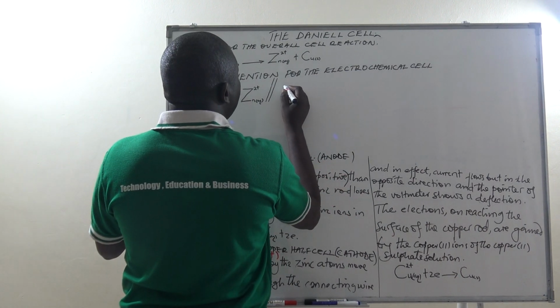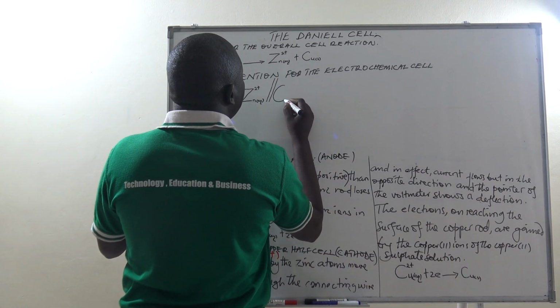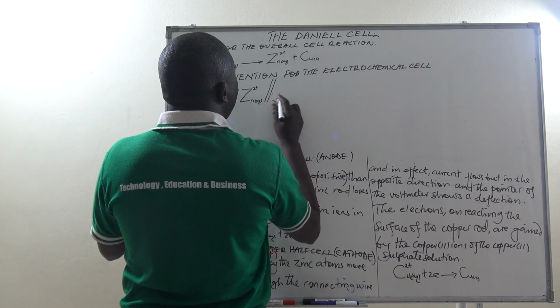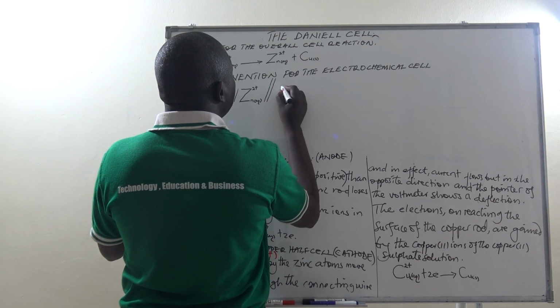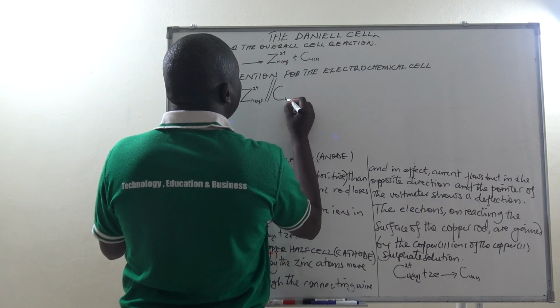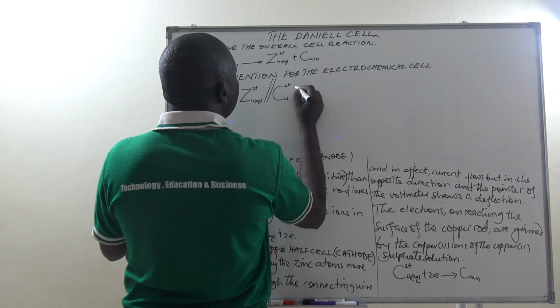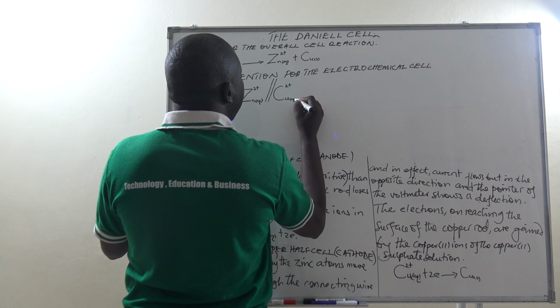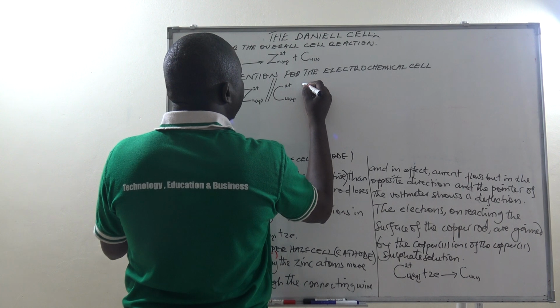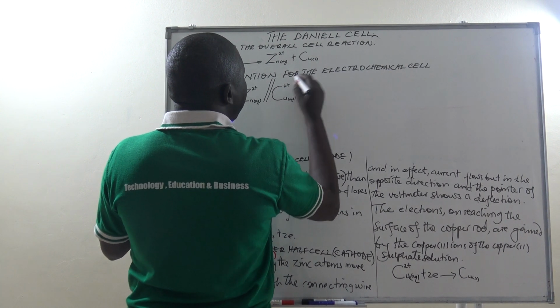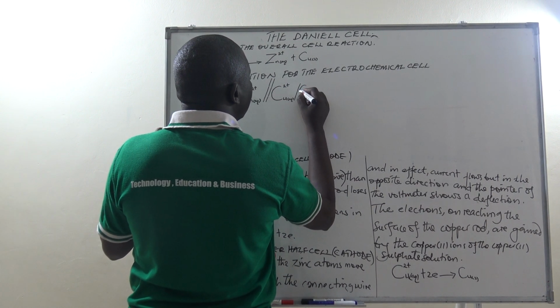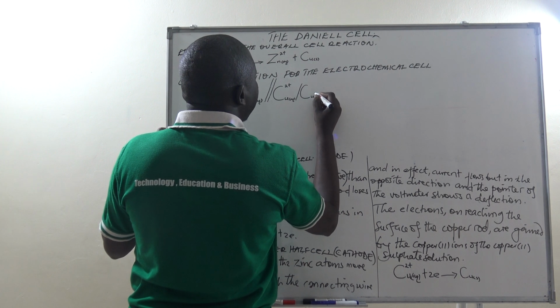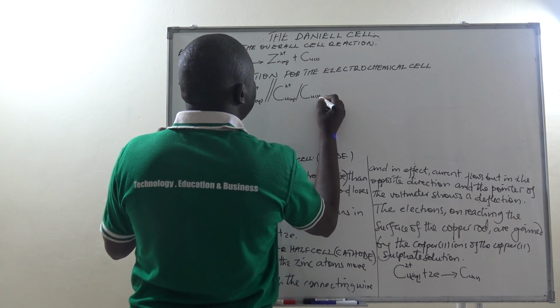So in this case, we have copper 2 ions in the aqueous state, and then a shorter bar here. It produces copper metal in the solid state.